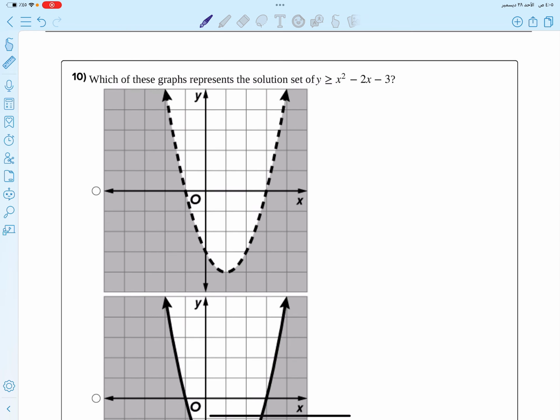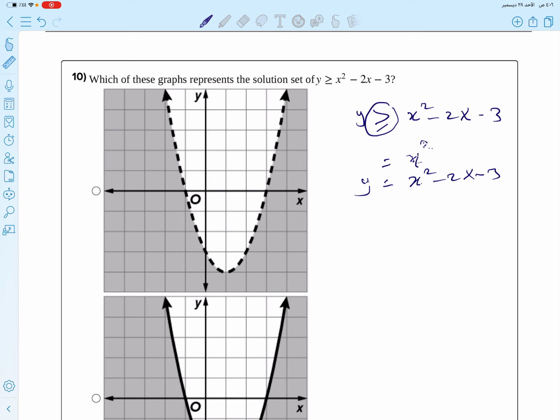Question number 10. Which of these graphs represents the solution? I have this inequality with two variables, y greater than or equal to x squared minus 2x minus 3. To graph this, I need to graph the related quadratic function. So I just need to change this to equal: y equals x squared minus 2x minus 3.